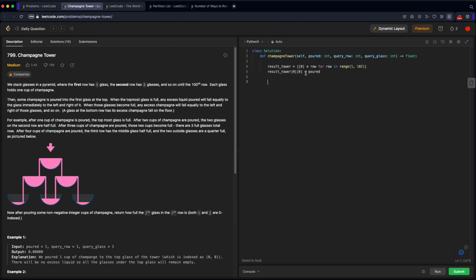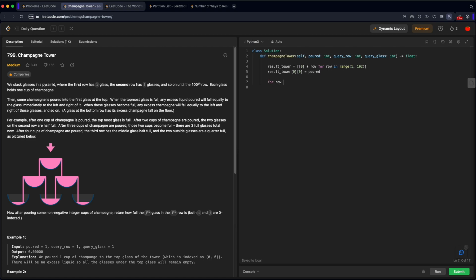So, for example, our very first glass will actually have poured minus 1. You can imagine there's a sensor above this glass that just detects how much has poured all the way through, and that's going to be the entire poured amount. That's this 0, 0. All right, now we have to go through all of our rows.